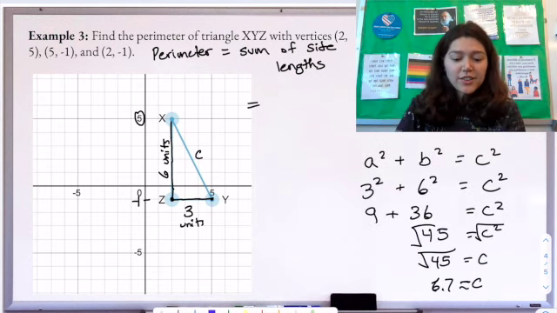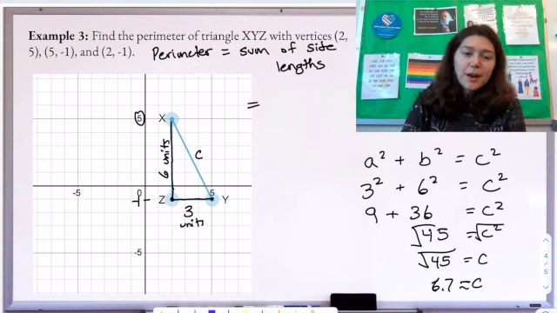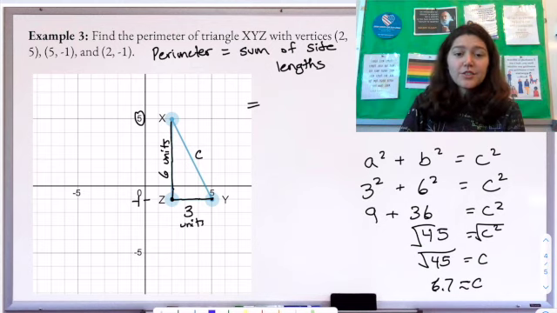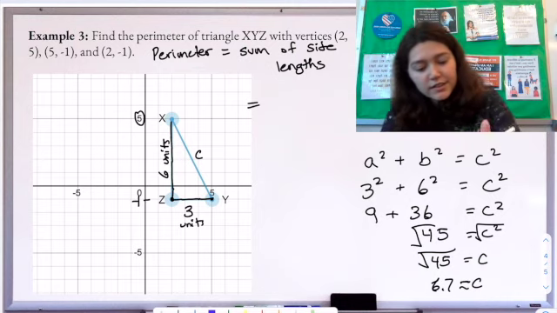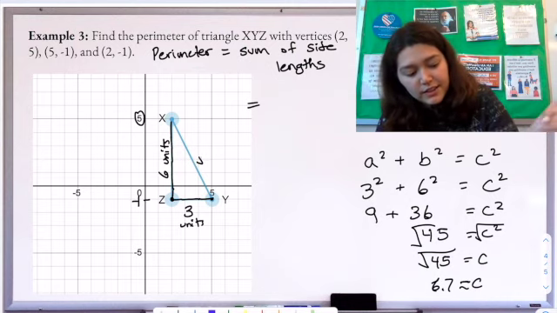So you should have found that the side length XY, or the hypotenuse, has a length of the square root of 45 units, which is about 6.7 units. So now we need to find the perimeter of this triangle. To do that, we're just going to add these lengths together.